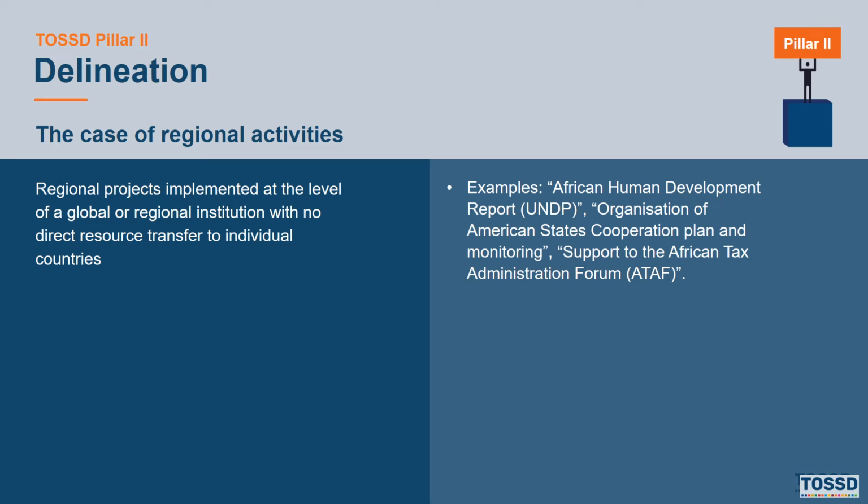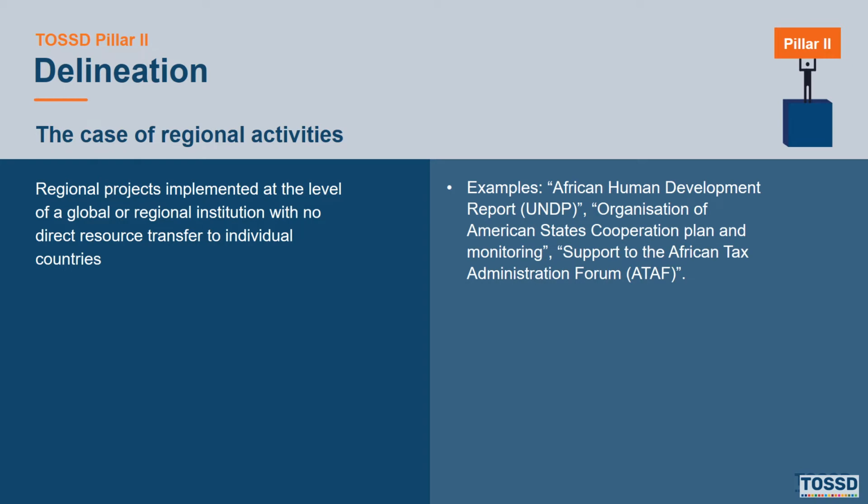Regional projects that are more aimed at cooperating at the international level and that are implemented at the level of a global or regional institution should be classified in TOSSD Pillar 2 since there is no direct resource transfer to individual countries. Examples of such projects are the African Human Development Report, produced by UNDP, the Organization of American States Cooperation Plan and Monitoring, or support to the African Tax Administration Forum.